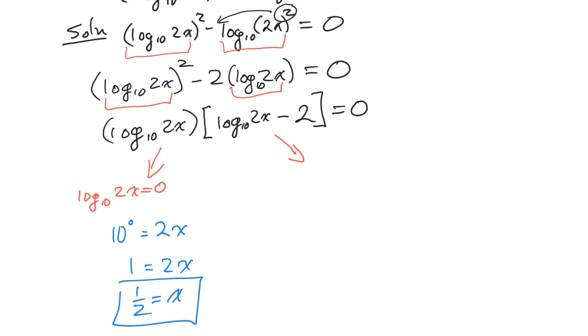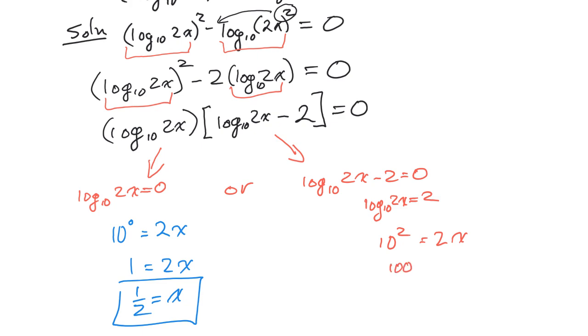That's our first answer. For the other one, we have log base 10 of 2x minus 2 is equal to 0. So log base 10 of 2x is equal to 2. This really means 10 squared is equal to 2x. So 10 squared is 100, which is equal to 2x. That means x is equal to 50.